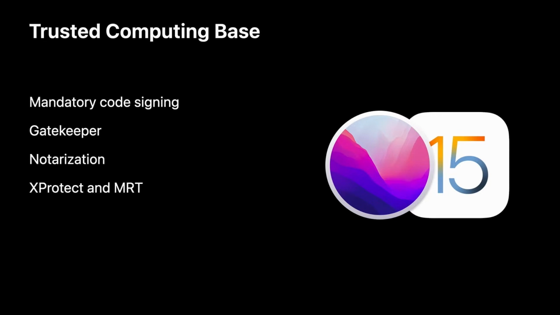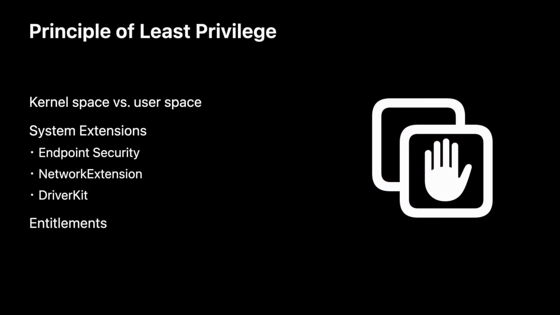Apple platforms include many layers of defense to protect the system from the earliest stages of the boot process up to and including execution of user space processes. Apple platforms employ the principle of least privilege to reduce attack surface and to limit damage resulting from a compromised or malicious application. macOS enables developers to extend the capabilities of macOS by installing and managing system extensions that run in user space rather than at the kernel level.